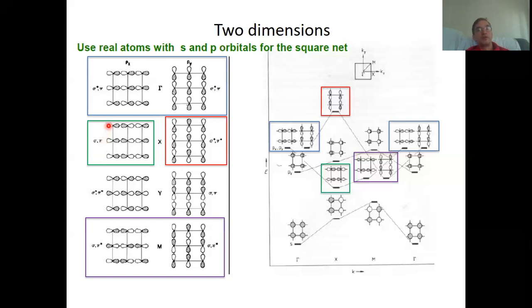That means that we have to flip the algebraic sign of every other px orbital in x direction. You see that the second one is flipped relative to the first one, and the third one is then again flipped relative to the second one. So you can immediately see that in x direction, this results in the most bonding situation possible.